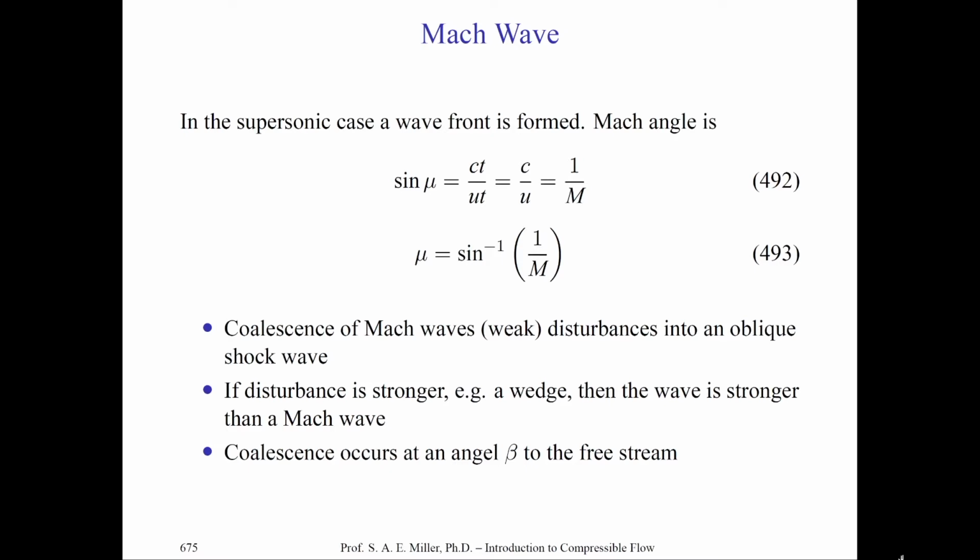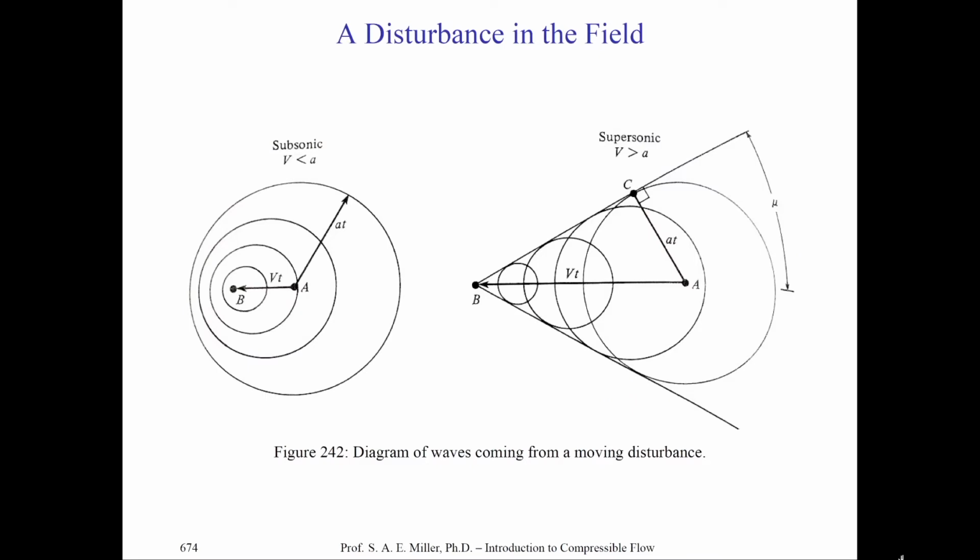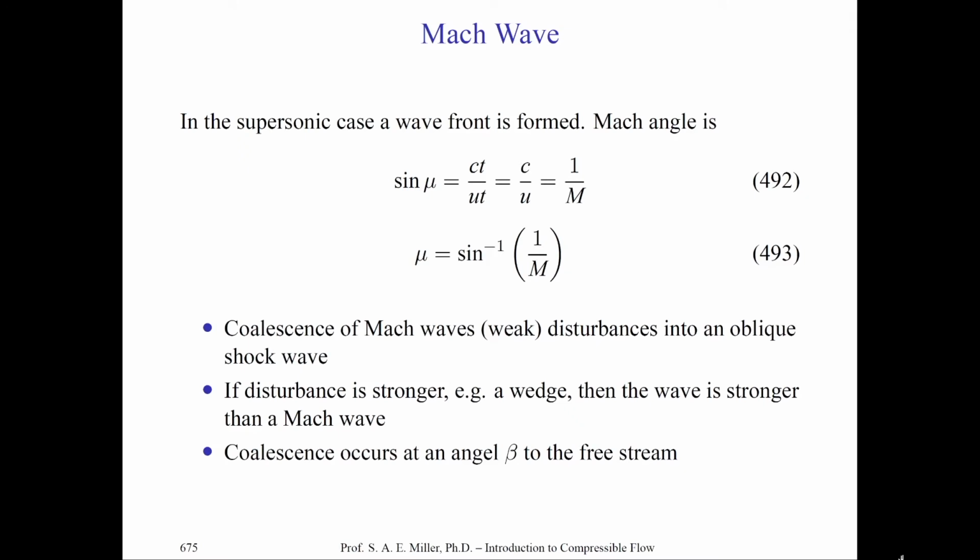Let's review our formulation for the Mach wave. Remember, in a supersonic flow, in the case shown previously, there's a wave which is formed, and the Mach angle, that is the angle mu in the right-hand side of figure 242 of the slide deck, will go as sine of mu = ct over ut, which will go as c over u because time cancels, which will go as 1 over M. And therefore, the Mach angle goes as sine inverse of 1 over M. So you can see, indeed, that this case can be derived analytically.